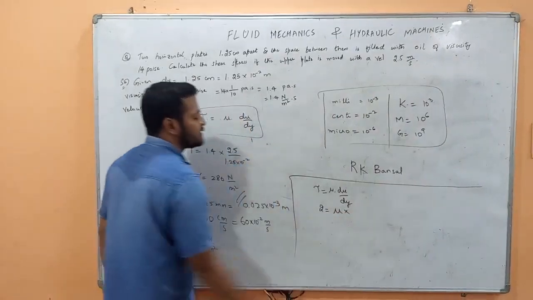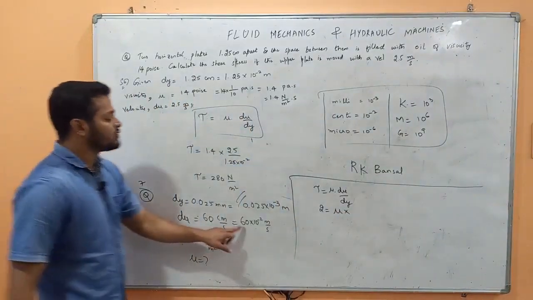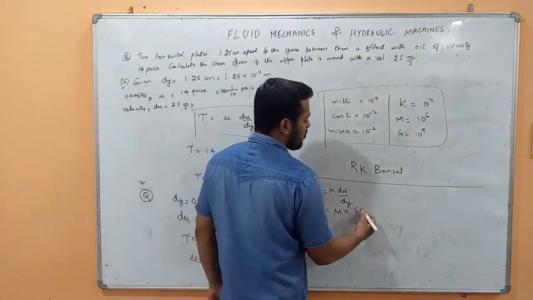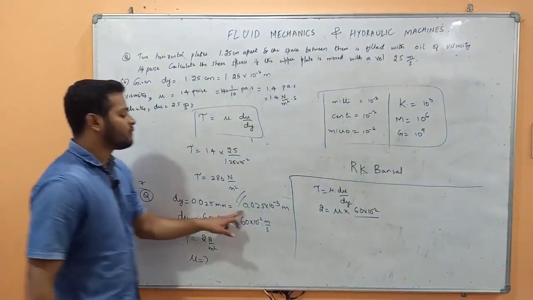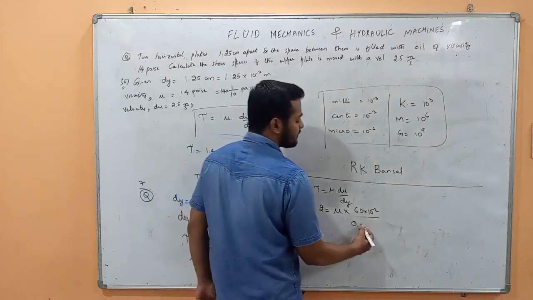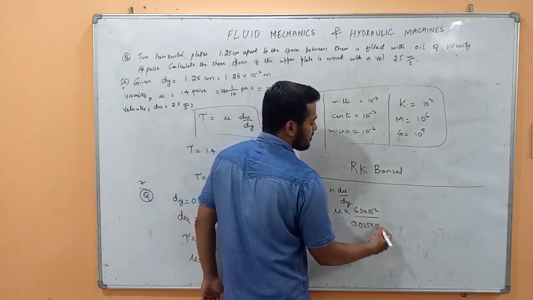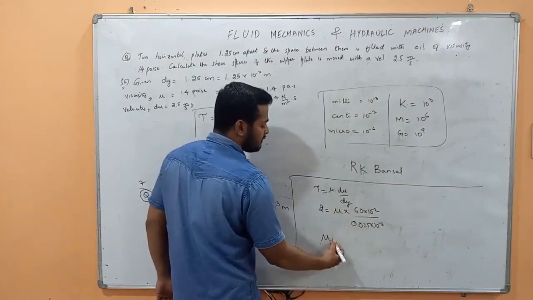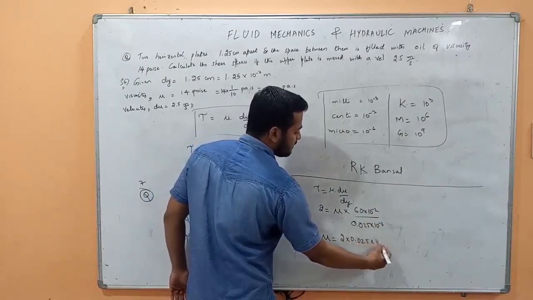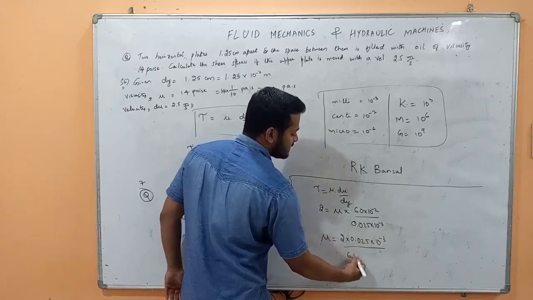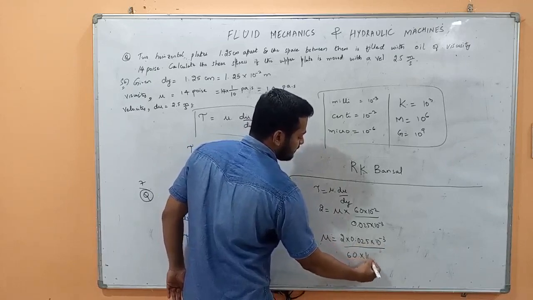So mu as it is into du. du is 60 into 10 power minus 2 by dy. dy is 0.025 into 10 power minus 3. From this you will get the value of mu, that is 2 into 0.025 into 10 power minus 3 divided by 60 into 10 power minus 2.